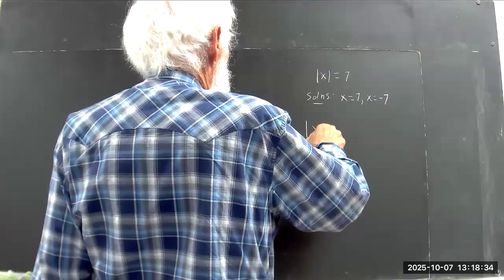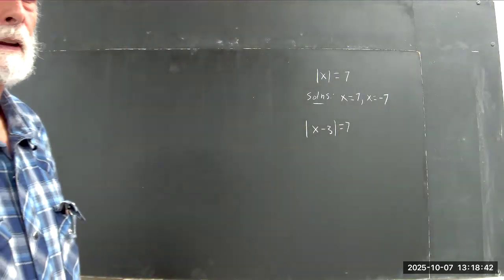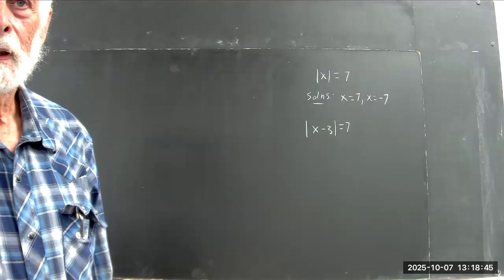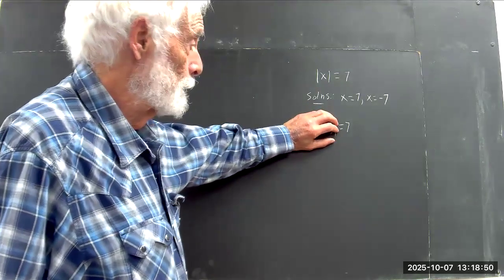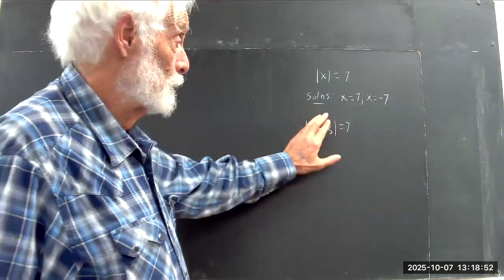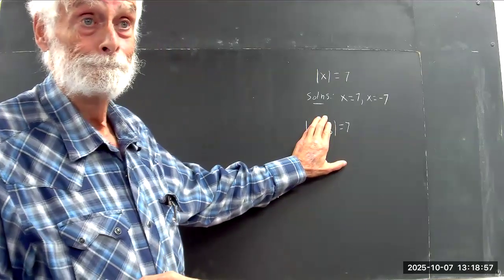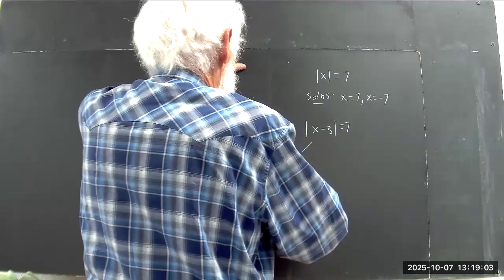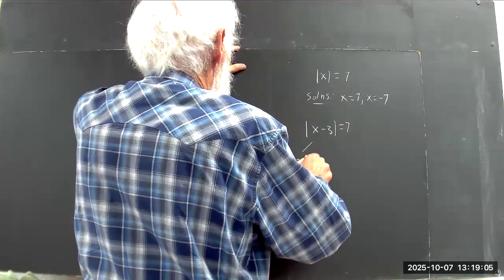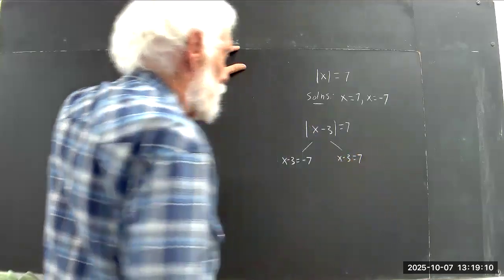So how about the absolute value of x minus 3 equals 7? Well, if the absolute value of something is 7, then what's inside that absolute value has to either be -7 or 7, right? So this gives you 2 statements.